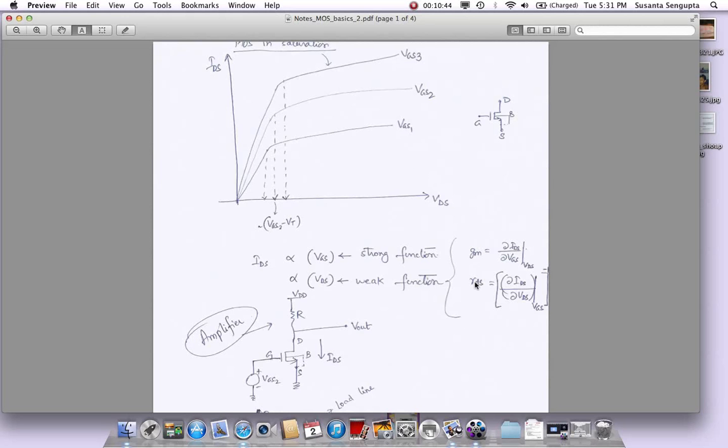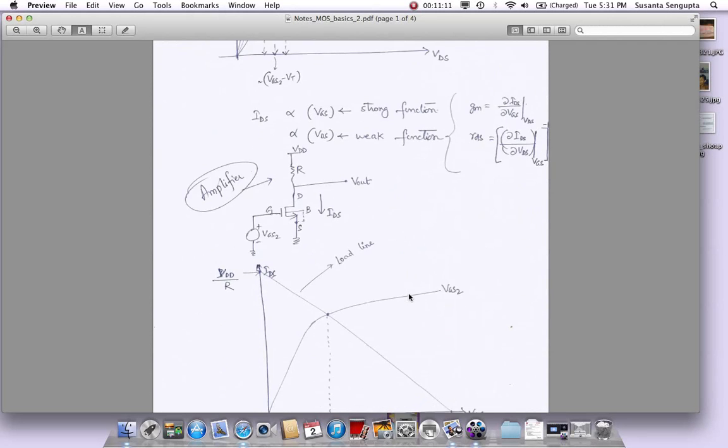Pretty much everywhere you will be using the small signal approximation and the small signal models. And hopefully now you're clear where we apply small signal models and where we apply large signal models. Small signal models apply when the changes are very small compared to the DC biasing values. But if the changes are huge, then you don't really get accurate results from the small signal model. You need to use a large signal model.